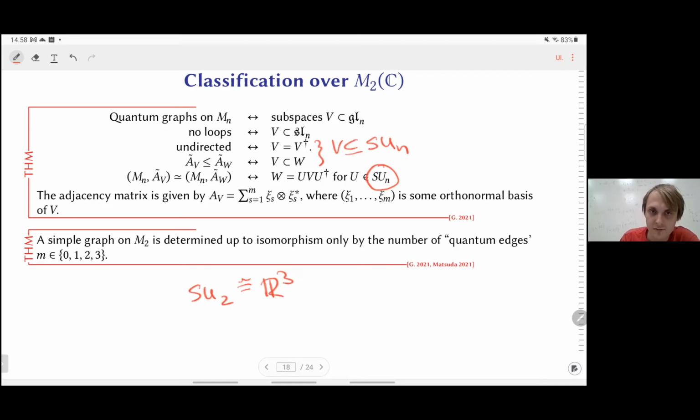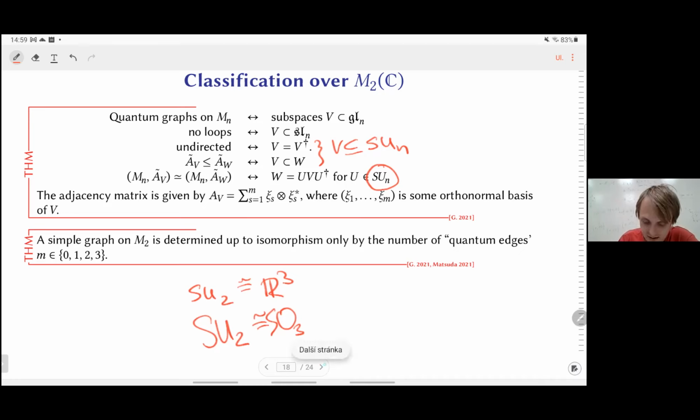You have this basis of Pauli matrices, and SU2 acts like rotations, and you know that all vector subspaces of a given dimension are equivalent up to rotation. Therefore, all simple quantum graphs with a given number of edges are isomorphic. Good.